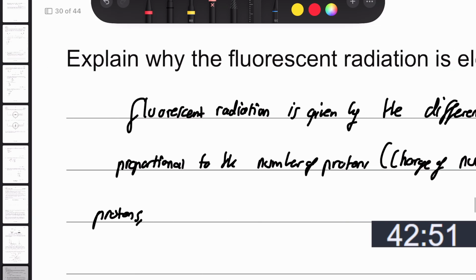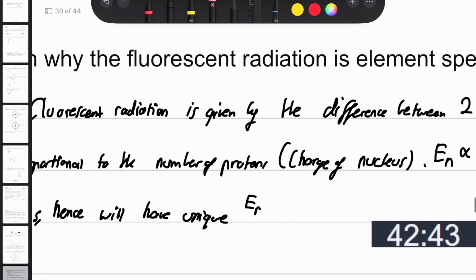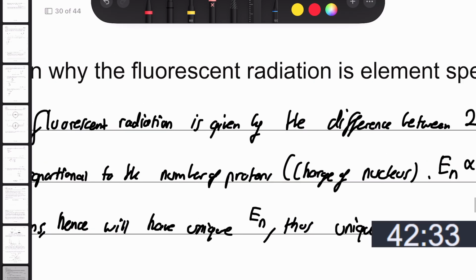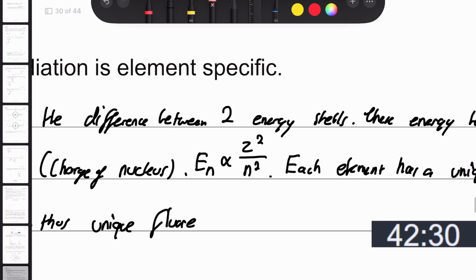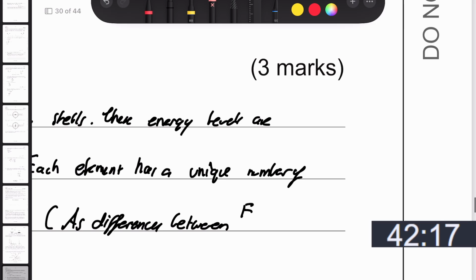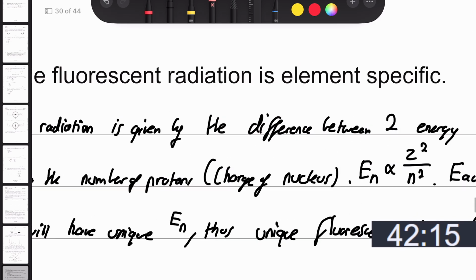Hence, we'll have unique E_n, thus fluorescent radiation, the difference between each E_n, will be unique, as differences will also be unique.